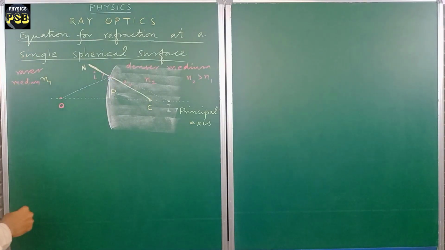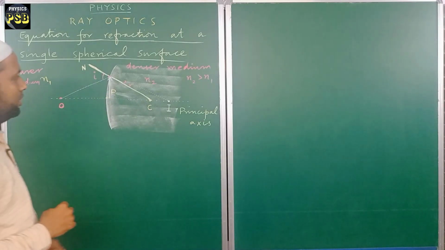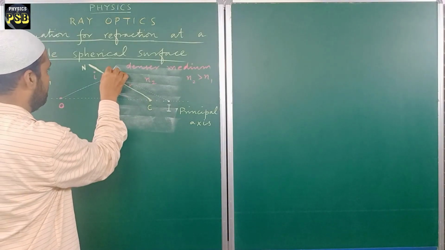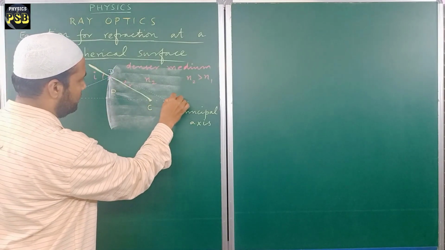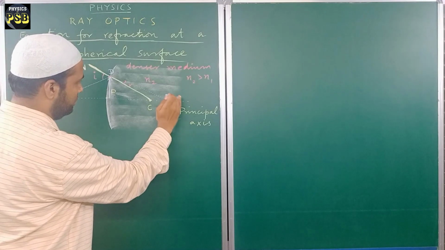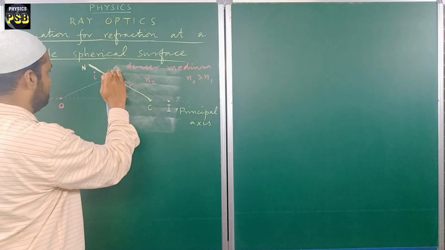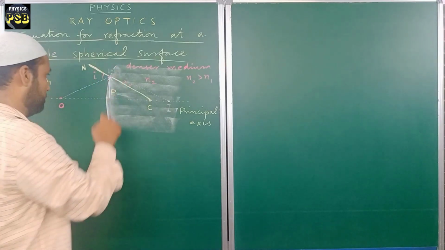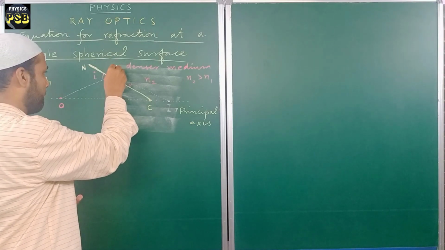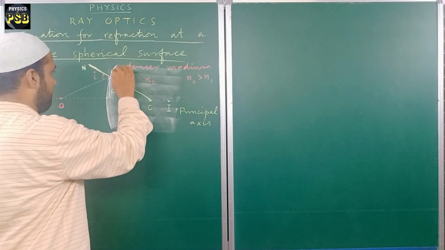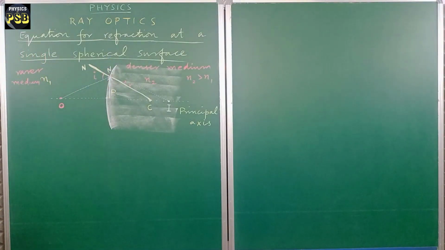Now here I have three points O, P and C. I take this point as D. I have already given names to some of these points, so I'll go ahead.